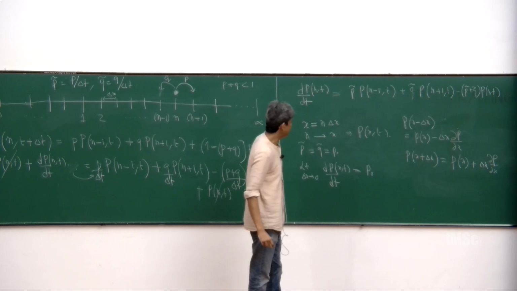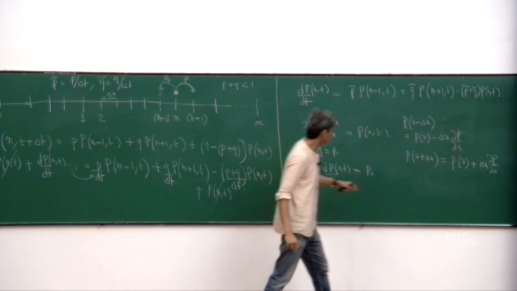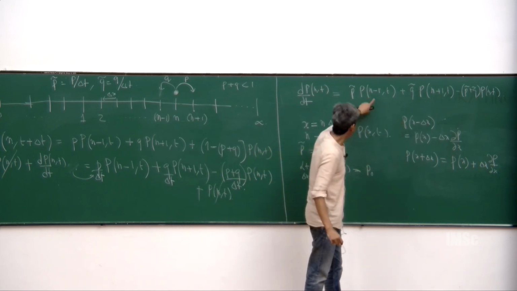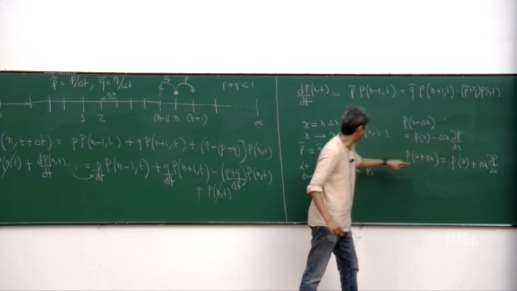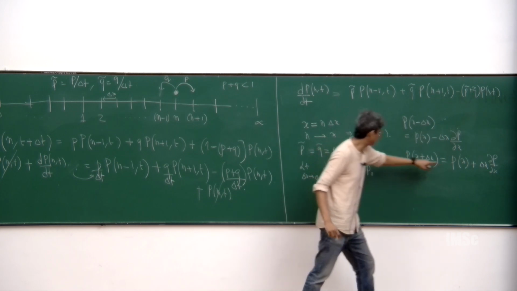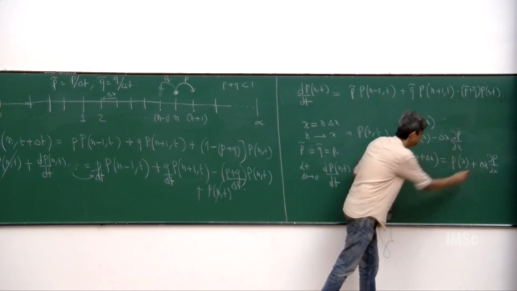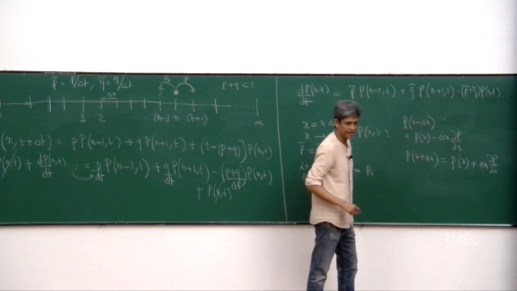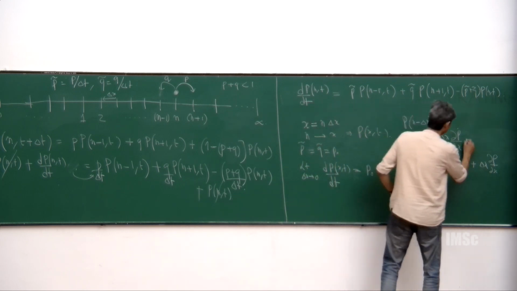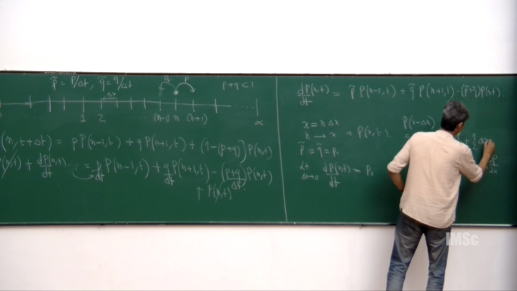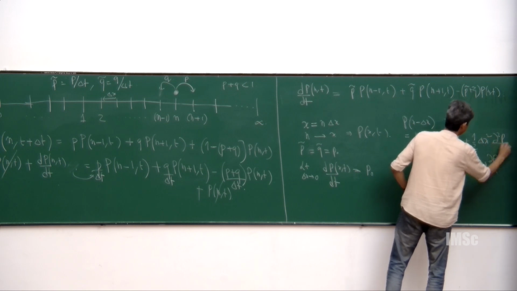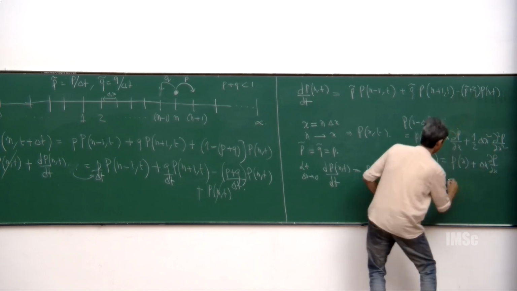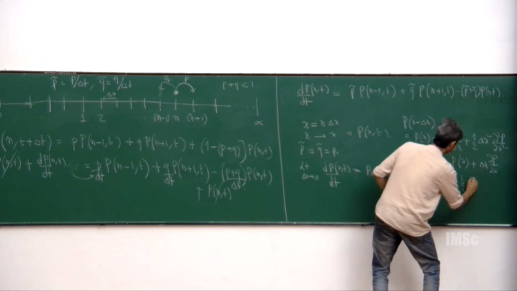So now there is a problem, right? What is the problem? The moment I express this one as p(x) minus delta x times this thing, and p(x) plus delta x as p(x) plus this thing, these two terms will cancel. So I have to retain another higher order term, and that is always positive, irrespective of the sign.